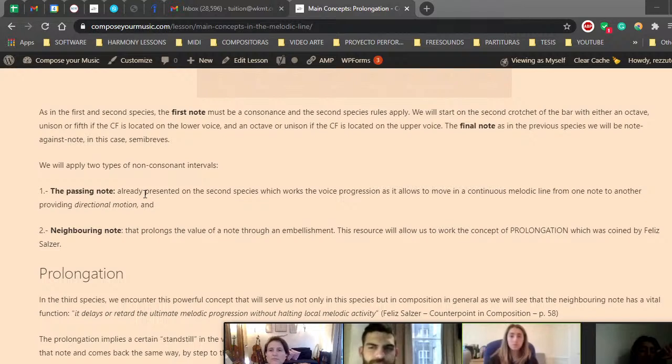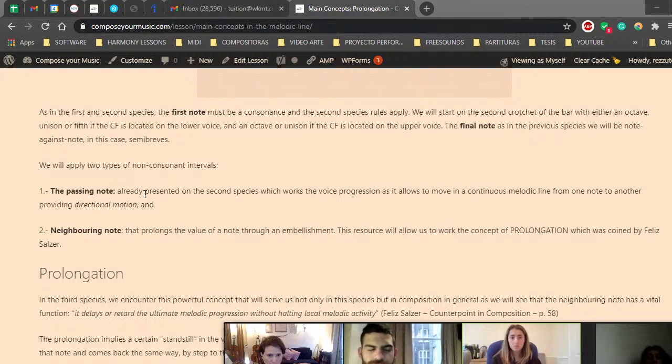All right? We will apply two types of non-consonant intervals. The passing note, already presented in the second species, which works the voice progression as it allows us to move in a continuous melodic line from one note to another, providing directional motion, as we discussed just now. Remember that passing notes can be dissonant, which provides directional motion, or consonant.